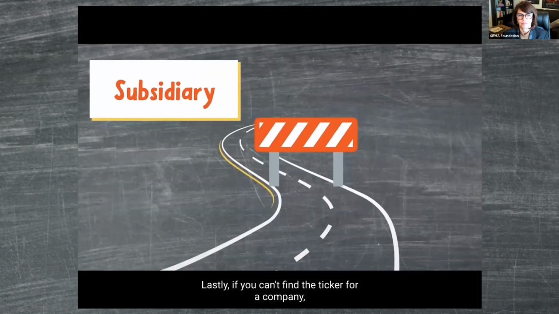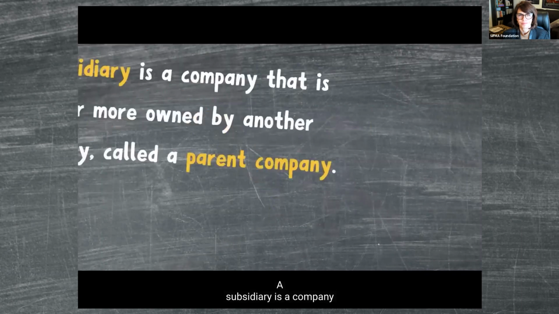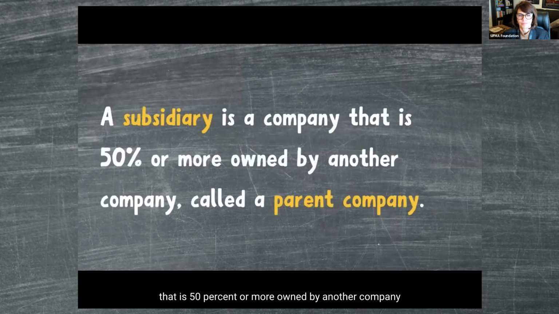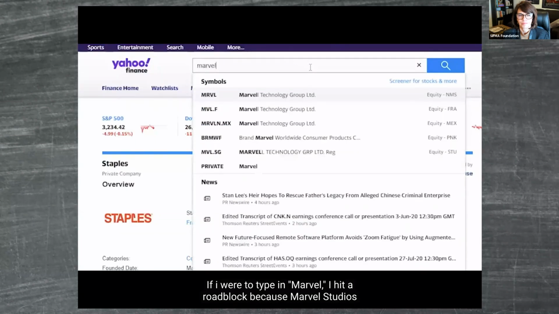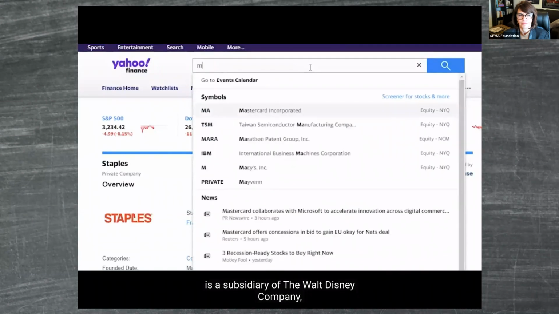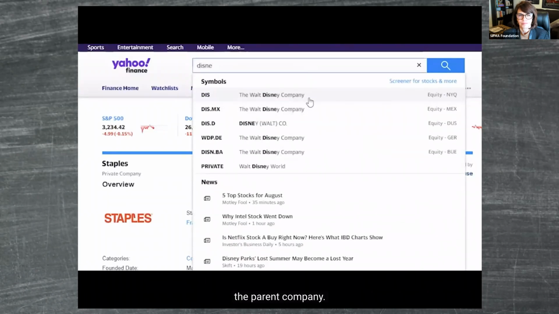Lastly, if you can't find the ticker for a company, it may be because it's a subsidiary. A subsidiary is a company that is 50% or more owned by another company called a parent company. If I were to type in Marvel, I'd hit a roadblock because Marvel Studios is a subsidiary of the Walt Disney Company, the parent company.